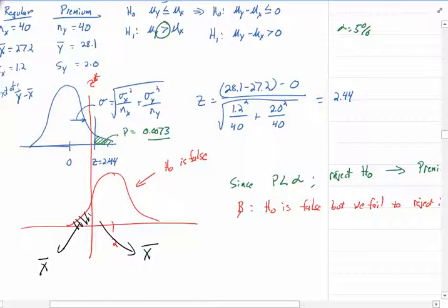That's the one we're using to do our hypothesis test. Then we're not going to reject the null hypothesis, even though it's false, and we've committed a beta error. Does that make sense? So then that area represents the probability of getting an X bar on this side of the rejection region, which means we're going to commit a beta error that amount of time.